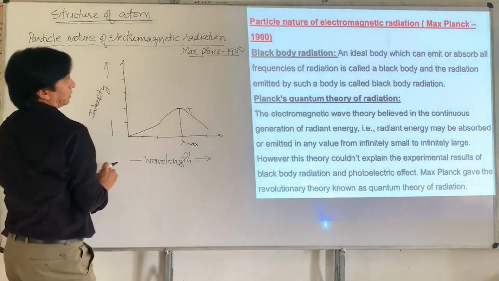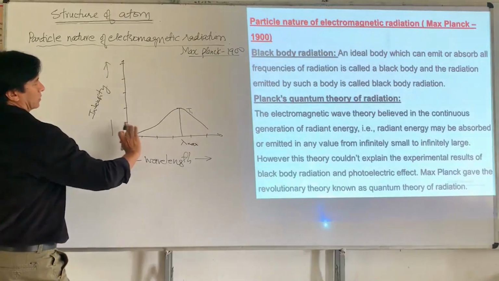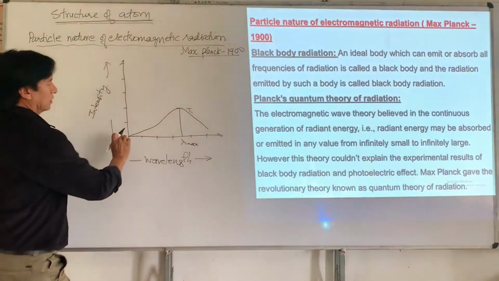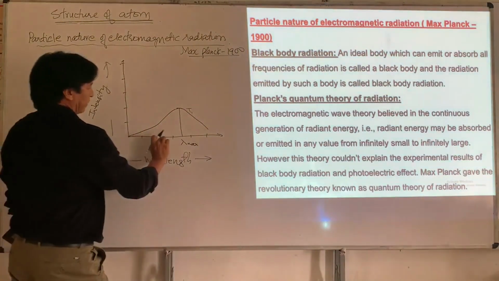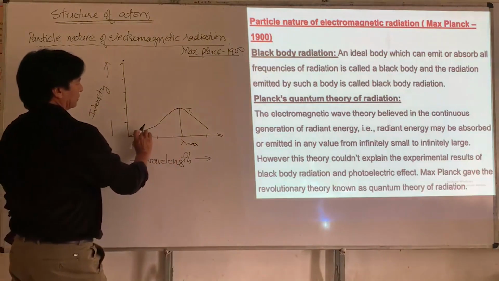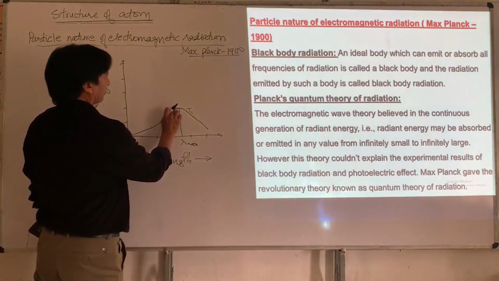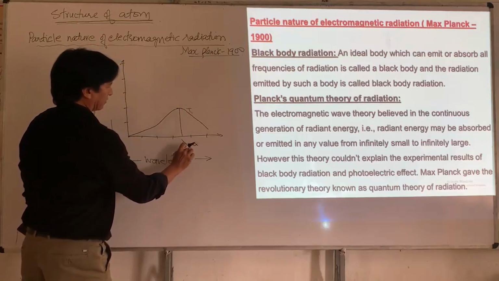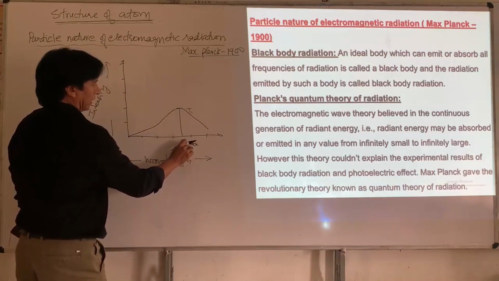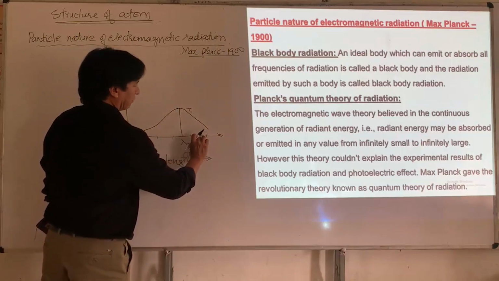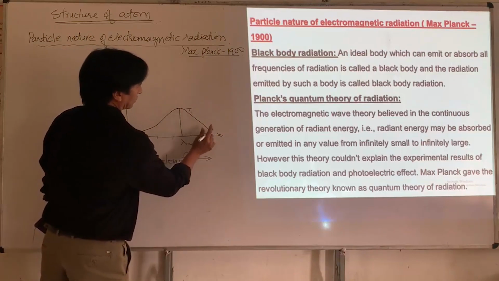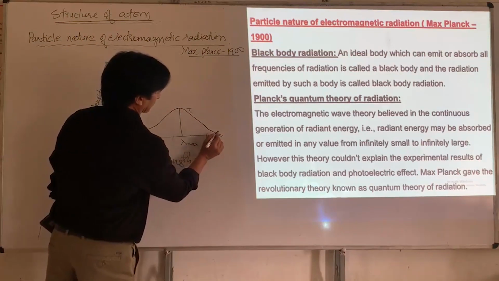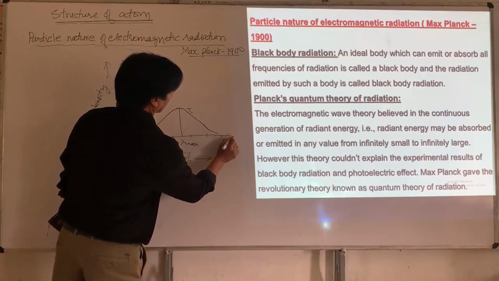Now at a particular temperature, with increase in wavelength, you will see the intensity increasing first, then it reaches a maximum at a particular wavelength, we call this lambda max, and then with further increase in the wavelength, the intensity is seen to decrease, right? It decreases like this. Alright.